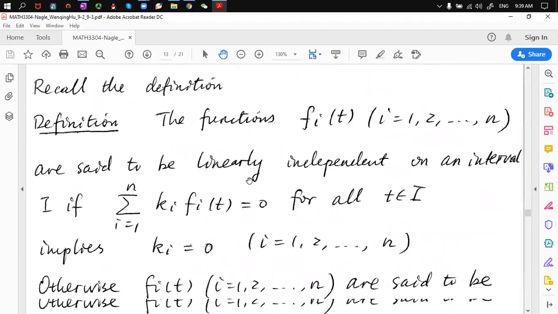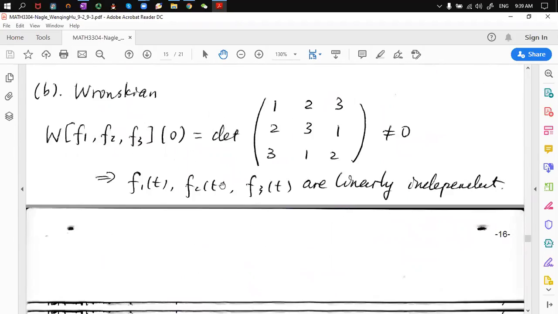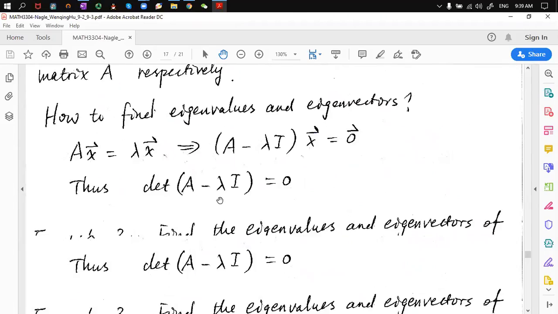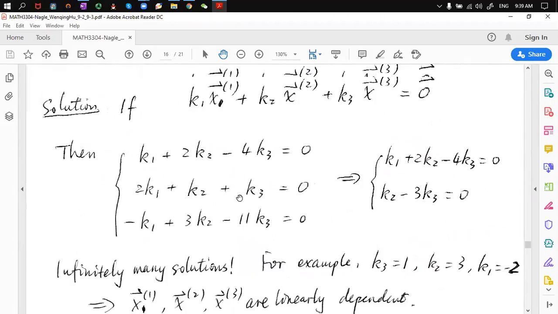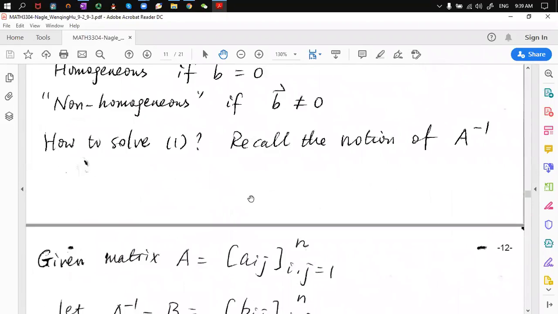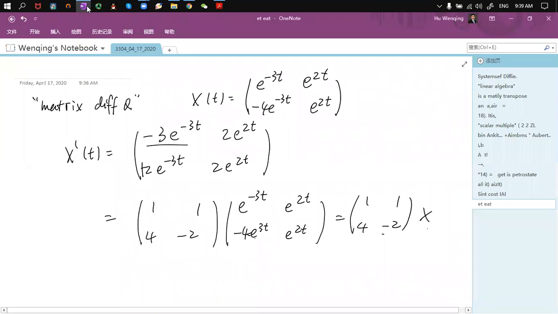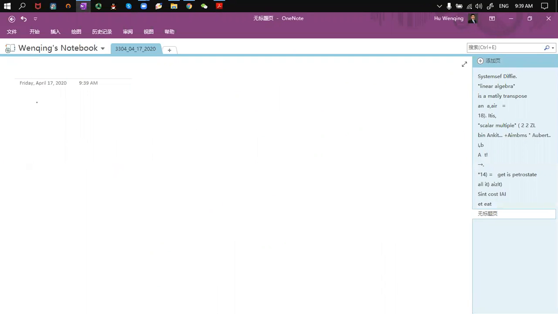Well, it is related to the Wronskians and all this other important stuff that we have been talking about before. So far we've been considering differential equations, but we have never been talking about algebraic equations.